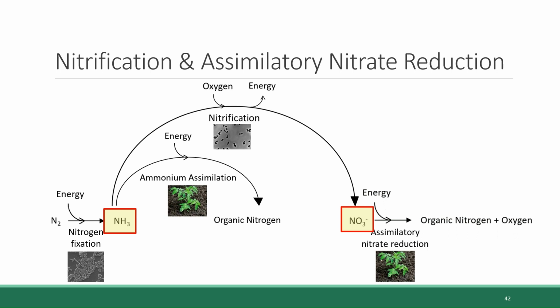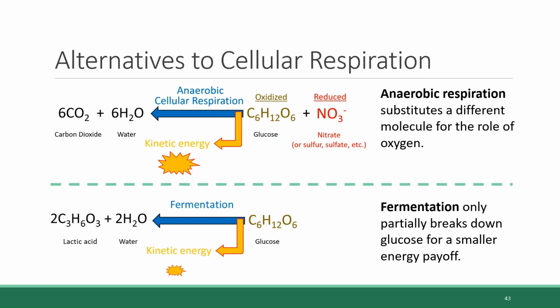There's one final leg of this cycle that we need to talk about, and that has to do with the fact that, once again, the nitrate here is in demand not only by plants, but also soil bacteria under certain conditions. Do you remember back in chapter 2 when we talked about alternative processes to cellular respiration?